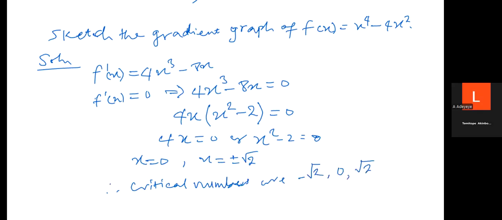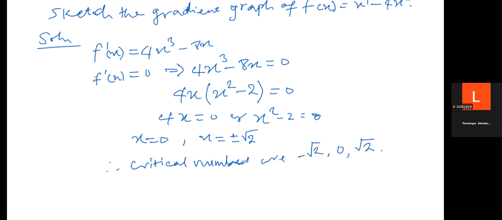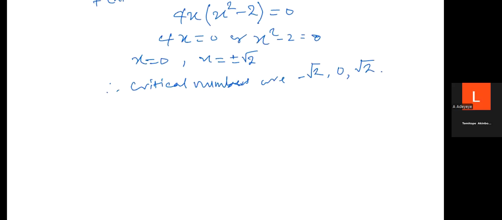I decided to arrange it for you in ascending order. Is that clear? Yes, sir, these are my critical numbers. It is with this that I will now go and put up the sign table.